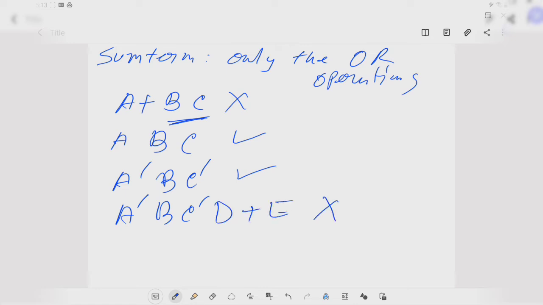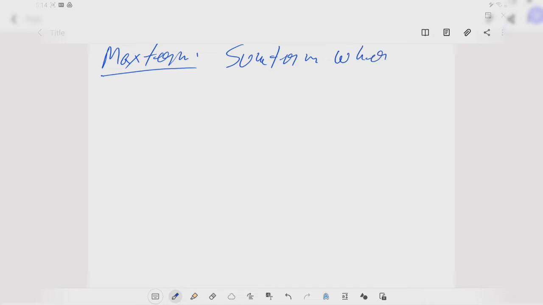So similarly, in a system of variables, if in a sum term there exist all the variables, then we call it a max term. So we can write: a max term is a sum term where all variables exist.